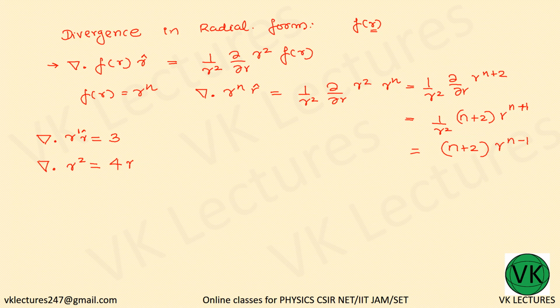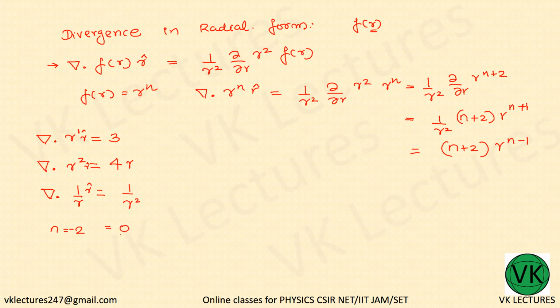Now del dot 1 by r is equal to 1 divided by r square. Here we have r cap, please don't forget that, because you need a vector here. And for n equal to minus 2, when you apply it, it becomes 0.